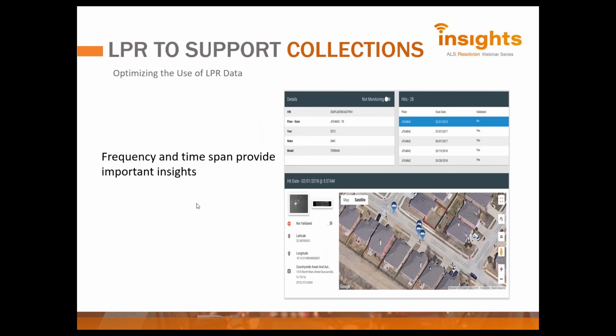This is an example, a screenshot of our user interface that lenders are using now. It gives you that clustered sighting and a comprehensive report of the vehicle, where we're seeing it and how often we're seeing it. You can see here it's easy to tell that this is a residential location, and this car is being scanned over and over at this particular residential location.